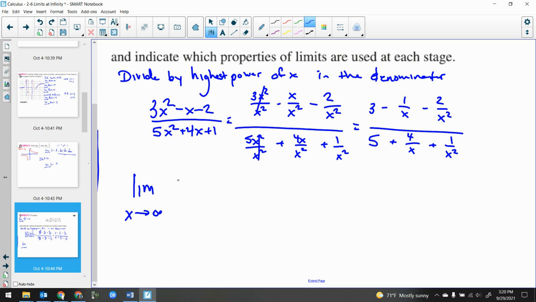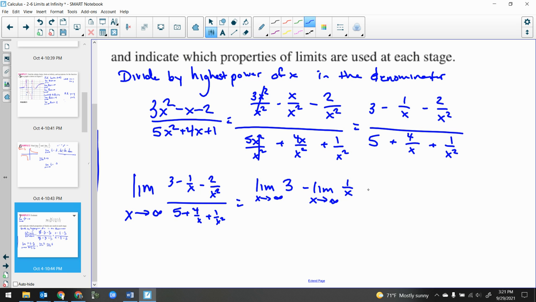That means the limit as x goes to infinity of, let's write it out, 3 minus 1 over x minus 2 over x squared, all over 5 plus 4 over x plus 1 over x squared. I'm sorry if this is going to bore you, I'm going to write this all out. Limit as x goes to infinity of 1 over x.